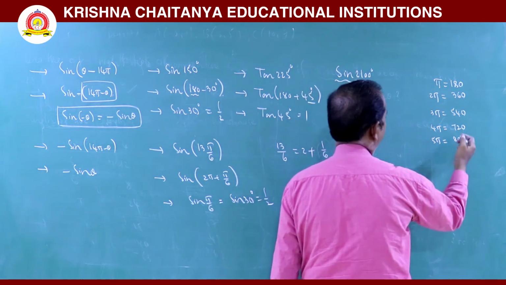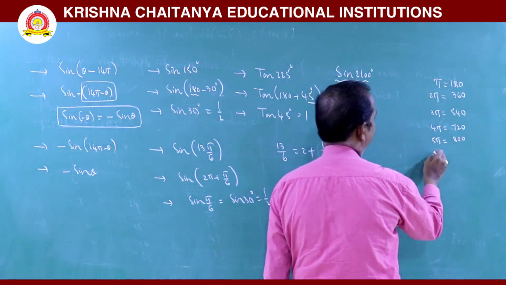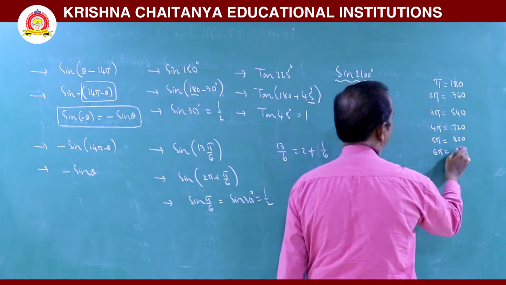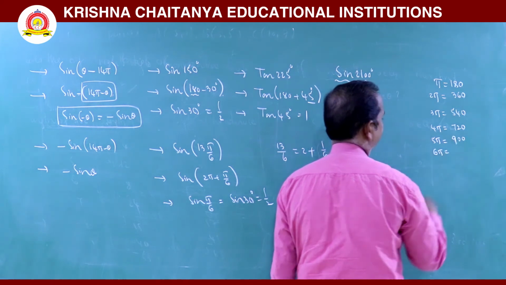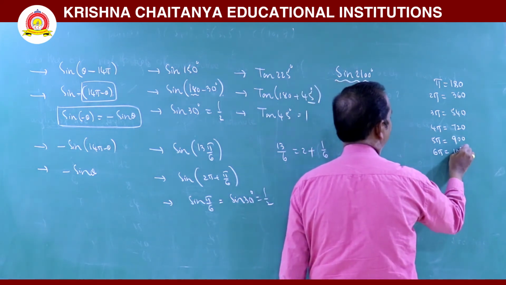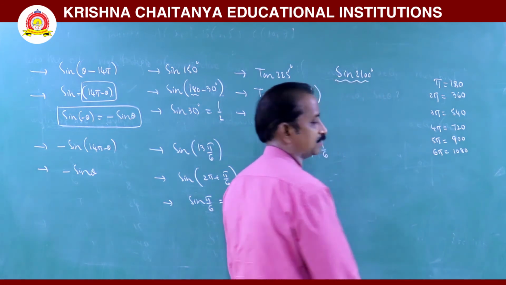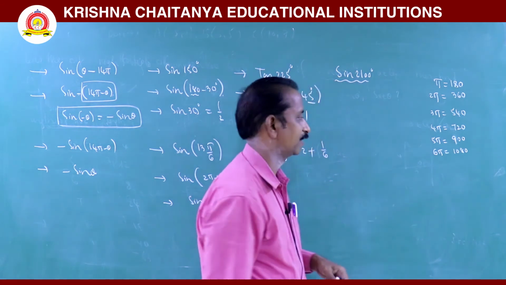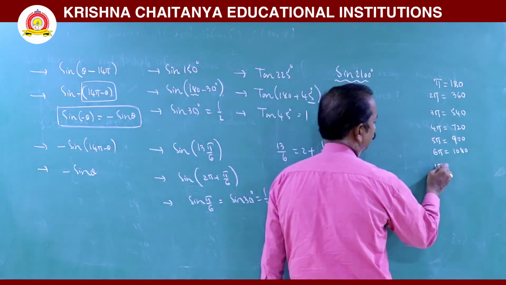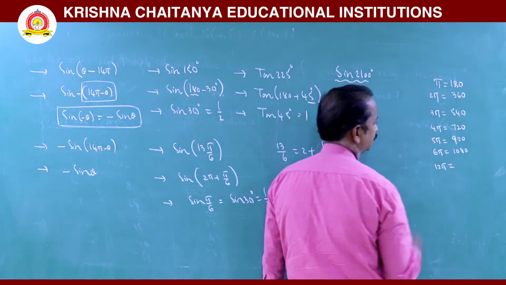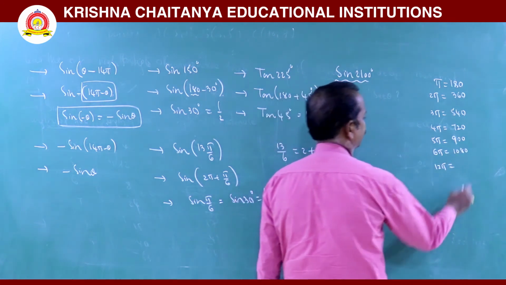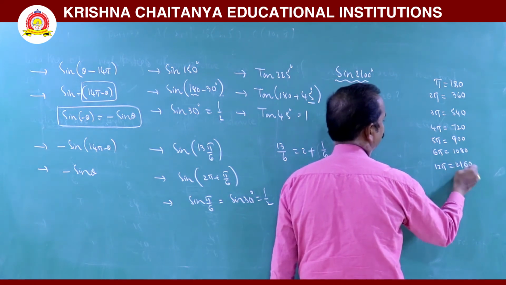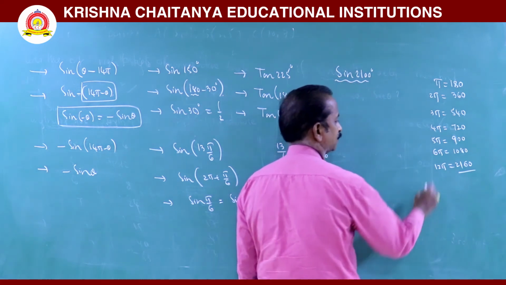Next, 6 pi is 1080. If you consider twice, that means 12 pi, which is 1080 into 2, so it is 2160.